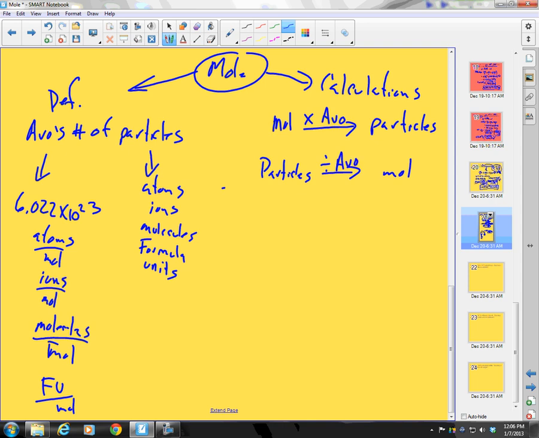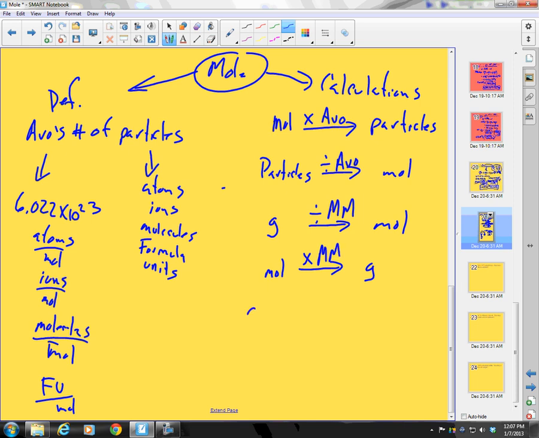I can go from grams to moles. How? I divide by molar mass. I can go from moles to grams by multiplying by molar mass.